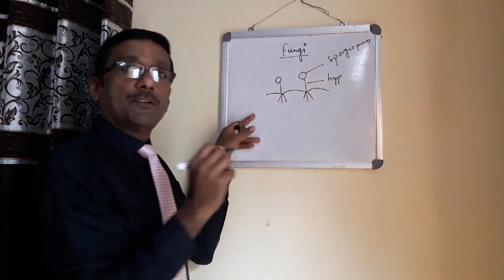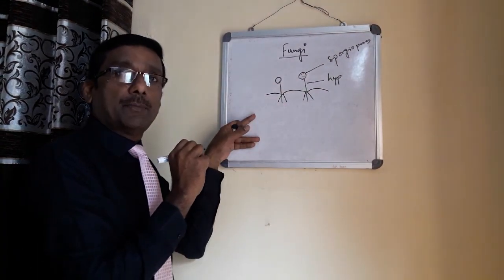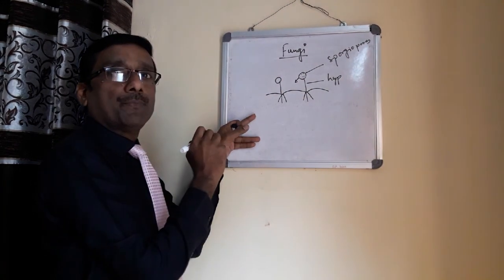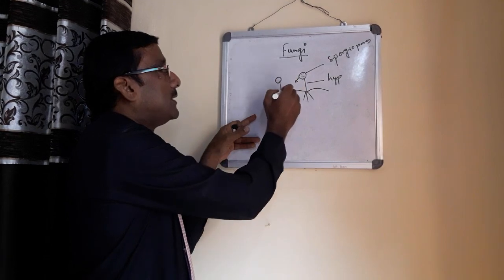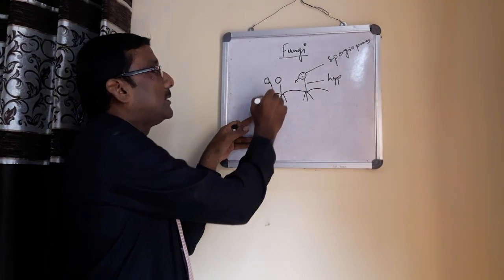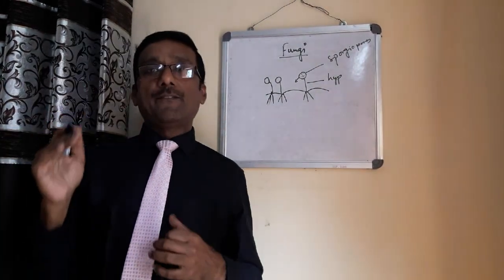The sporangiophores contain a substance inside, which is the DNA reproductive material. When the sporangiophores break up, this reproductive material falls wherever and forms new hyphae like this. This is the method of reproduction in fungi.